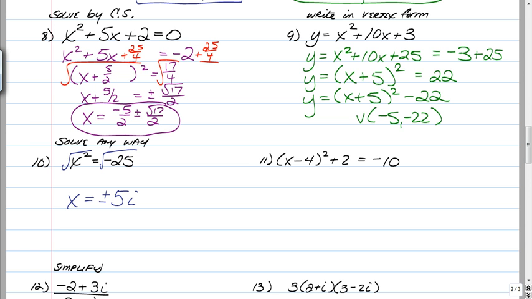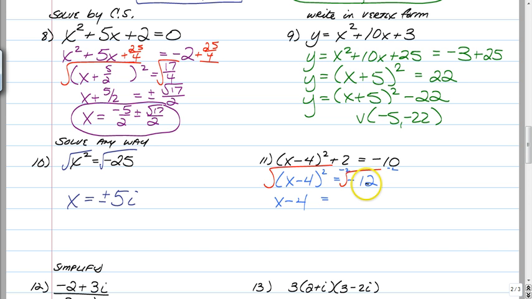For number 11, similar. First thing you have to do is subtract 2 to the other side. So we have (x minus 4) squared is equal to negative 10 minus 2, which is a negative 12. From here, you square root both sides again. Now the square root is going to cancel out this squared symbol right here, so we have an x minus 4. That's equal to, again, we're square rooting a negative.